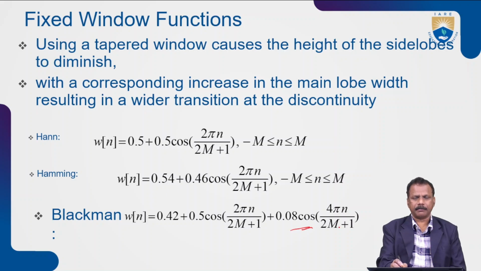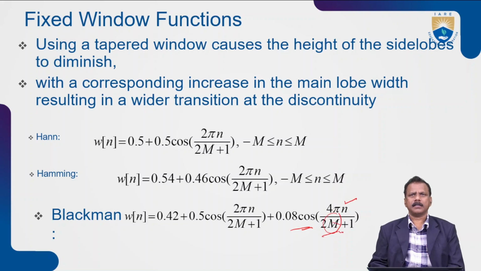With the Blackman window, w[n] = 0.42 + 0.5 cos(2πn/(2M+1)) + 0.08 cos(4πn/(2M+1)), where the range also has to be considered. So it increases the main lobe width, resulting in a wide transition at the discontinuity, or not.